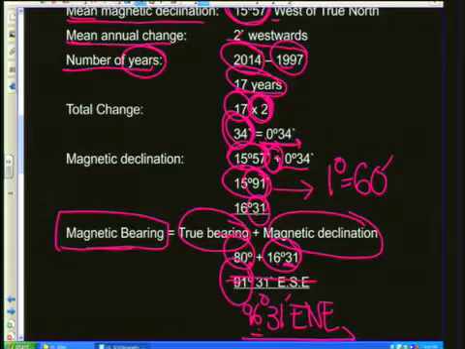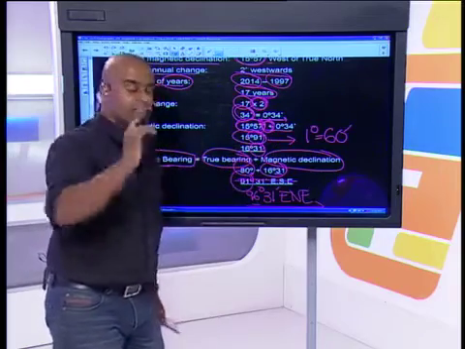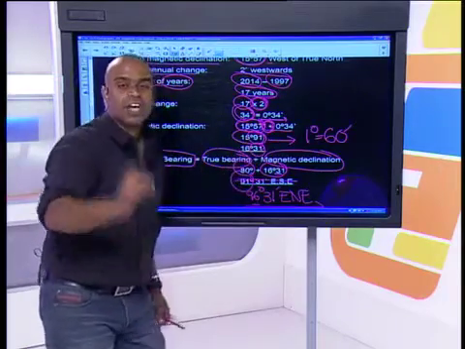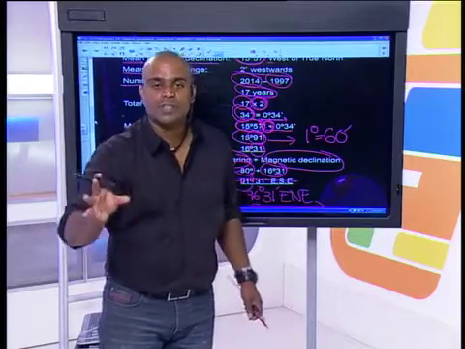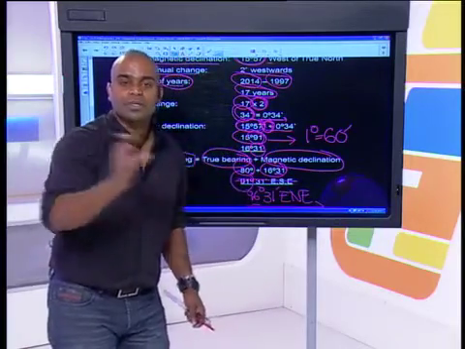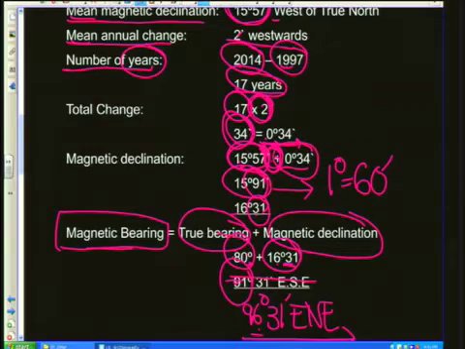The mean magnetic declination, which we've established as 15 degrees 57 minutes, plus, remember, this particular sign changes according to the annual change. If the annual change is westwards, we will add. If the annual change is eastwards, we would subtract. And therefore, 0 degrees 34 minutes, which is our total change.